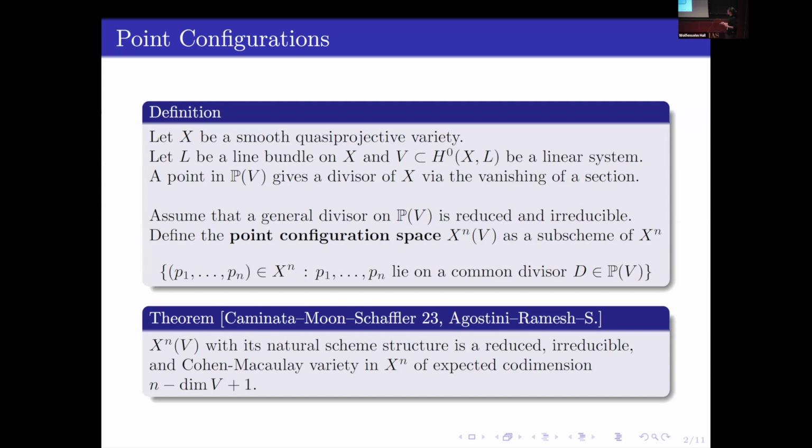So they're considering the point configuration for points to lie on some degree d hypersurface in projective r-space. But we realized that we can adapt their proof and get a more general statement, which will be useful later. So we will apply this theorem for the case where X is actually an affine space.